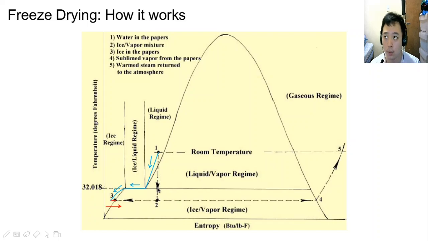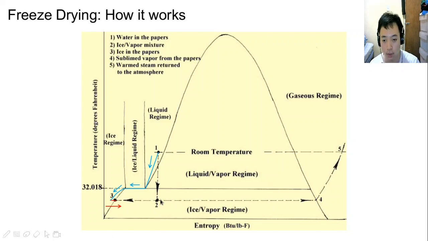Now, if you don't know what three phases look like, let's say this is the liquid that will enter the triple line. Some of it will turn to ice, some will stay liquid, and some of the water will be in gaseous form.